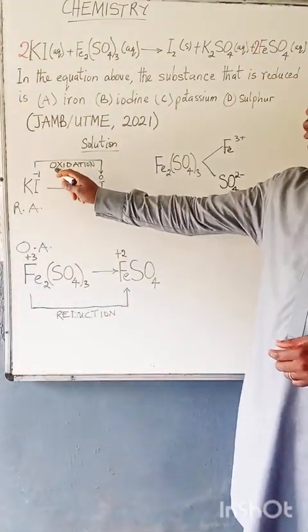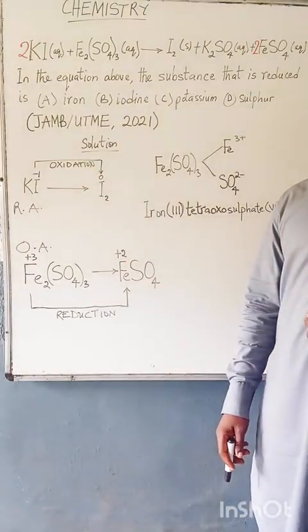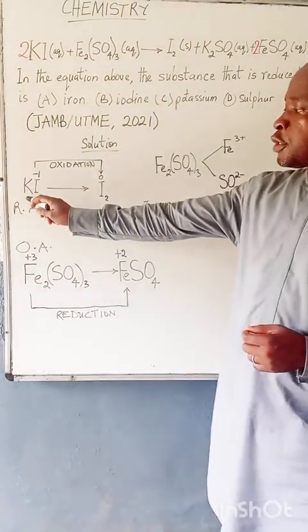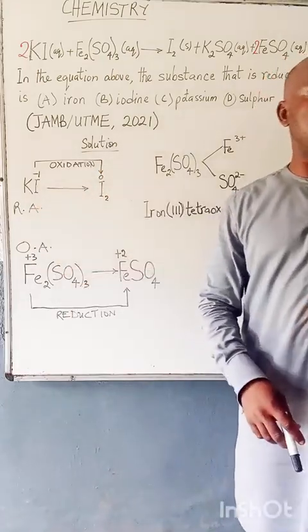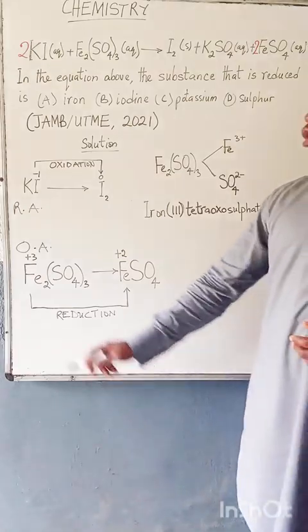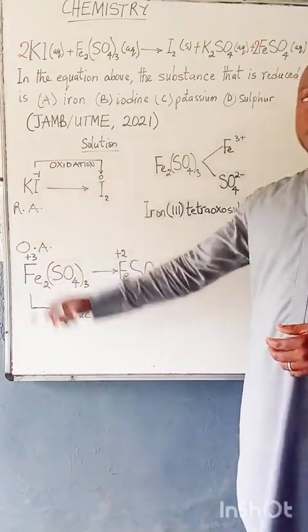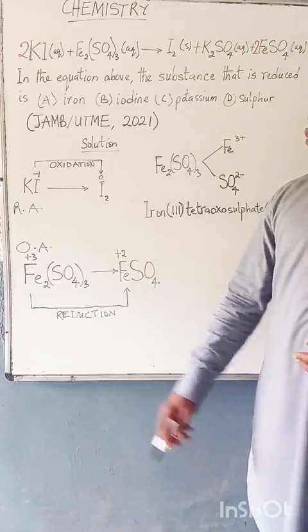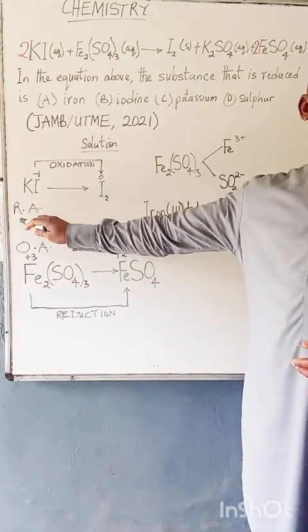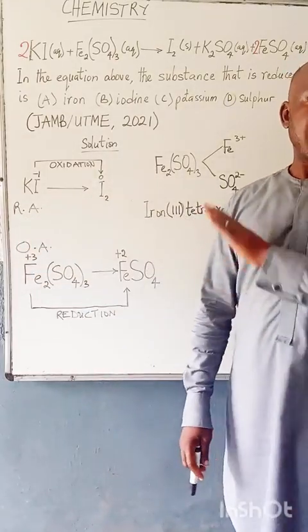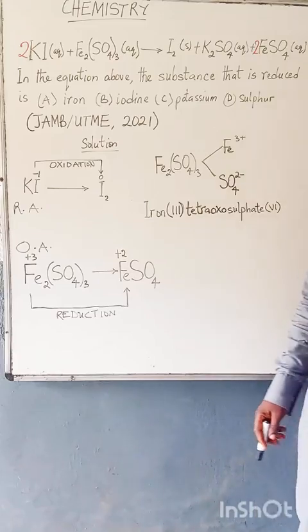It is an oxidation. Do you understand? The species which is oxidized, the species whose oxidation number increases, is called a reducing agent. So iodine is oxidized, therefore it must be a reducing agent. That's the oxidation half equation.